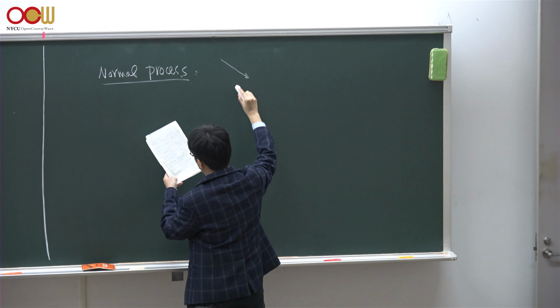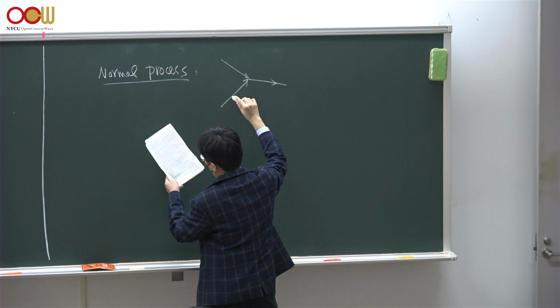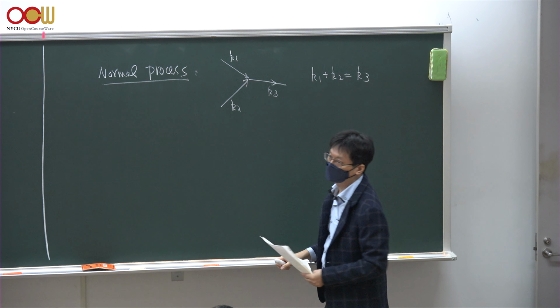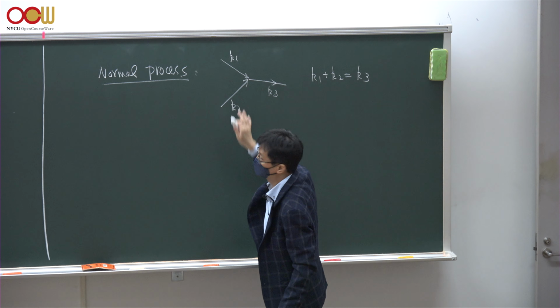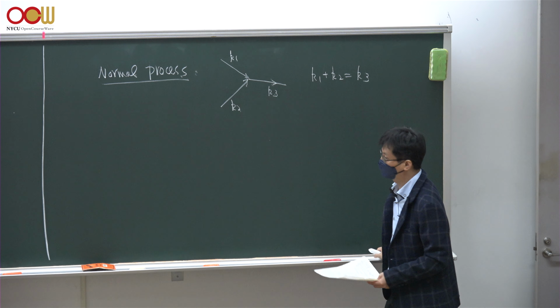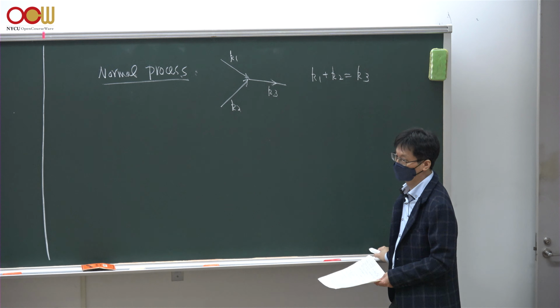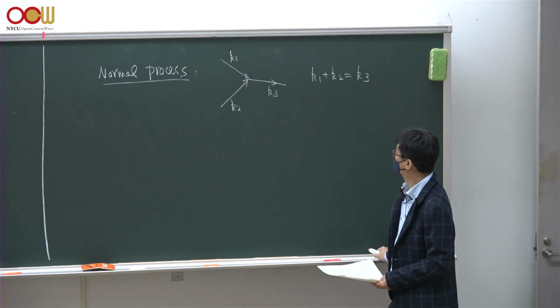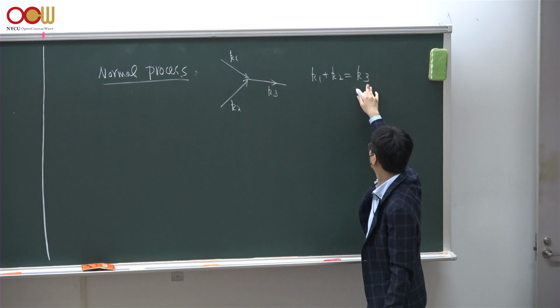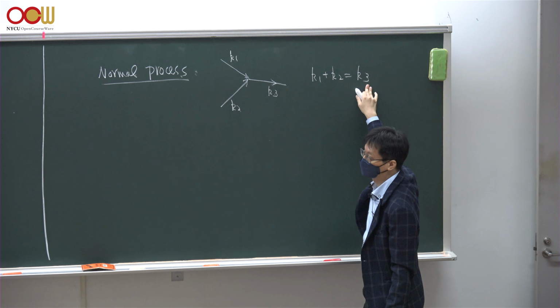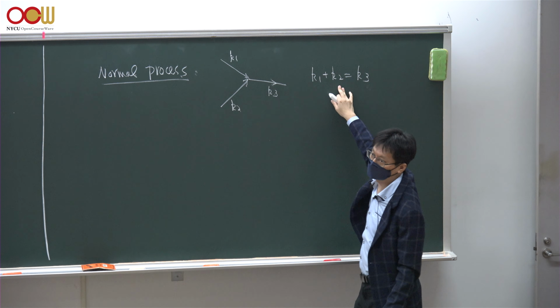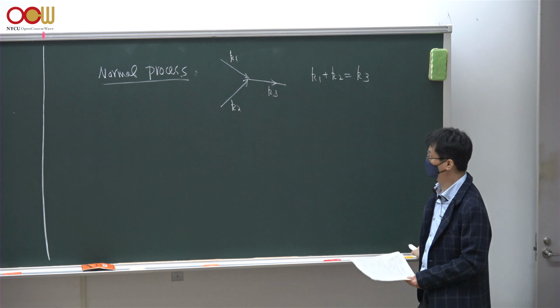This is the interaction among three phonons. Suppose these arrows refer to the direction or flow of the phonons with momenta K1, K2, and K3. By momentum conservation, the outgoing phonon carrying momentum K3 is the sum of K1 and K2, the two initial phonon momenta.